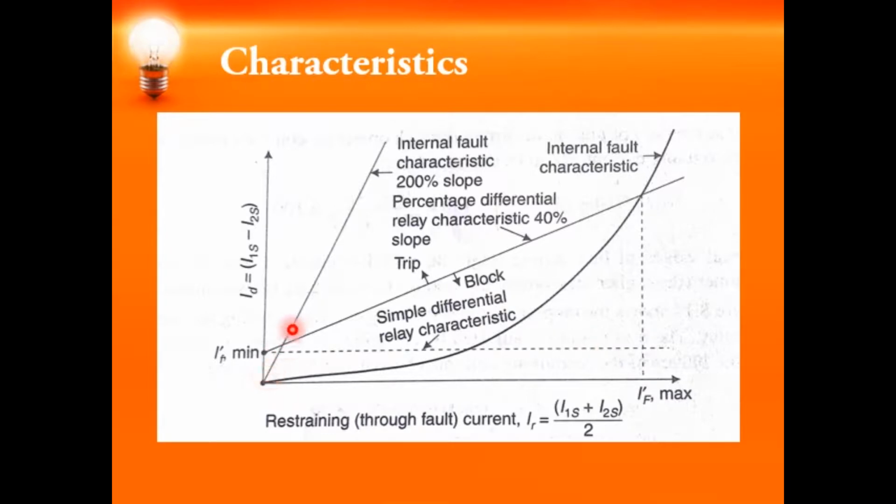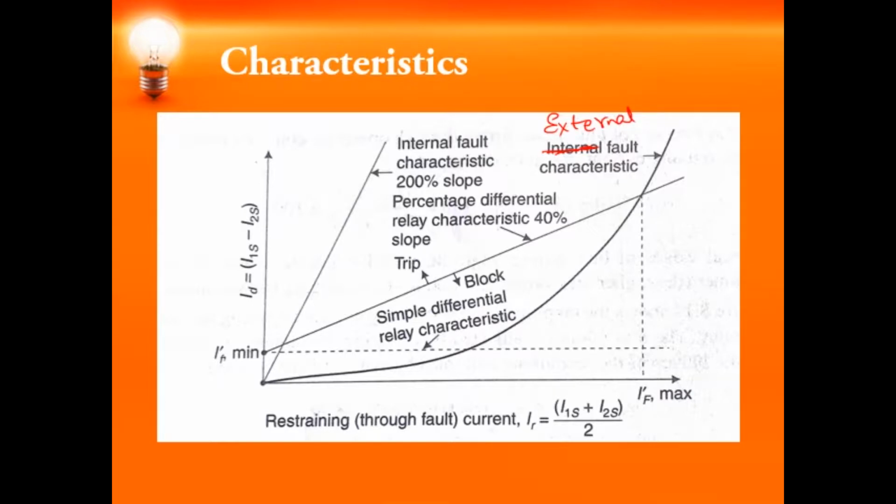This line is the internal fault characteristic for a slope of 200%, and this one is the external fault characteristic.